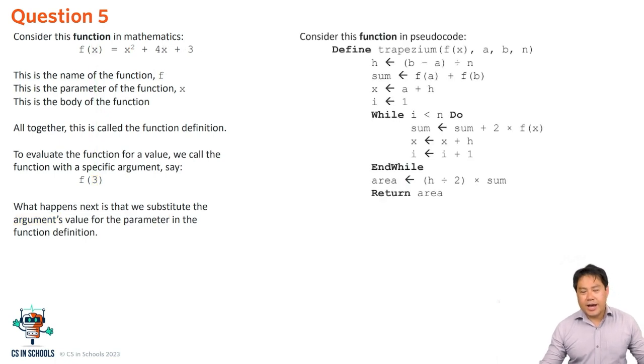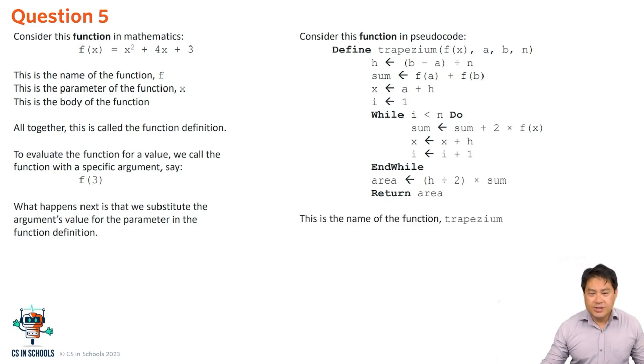Let's take a look at how functions work in pseudocode, and you can see that there are a lot of similarities. We have a function that's defined for us, and the name of the function is trapezium. You can tell the name of a function because it is the letters and symbols you find before the brackets. These are the parameters of the function.